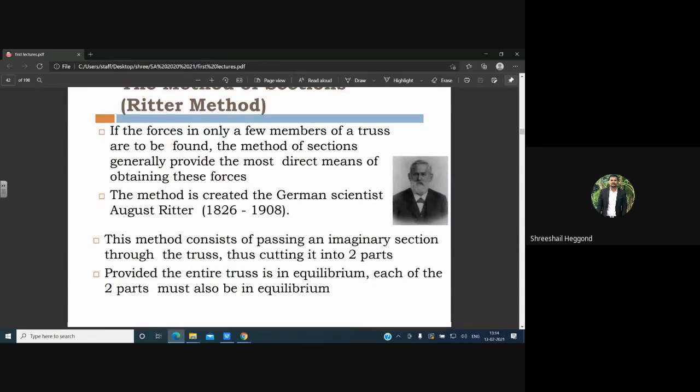Provided the entire truss is in equilibrium, each of the truss parts must also be in the equilibrium state. When you cut the complete truss into two parts, each part should be in equilibrium, and only then is it easy to identify the axial forces in the members.